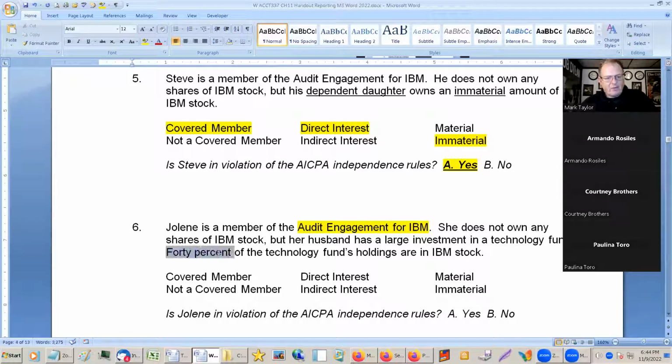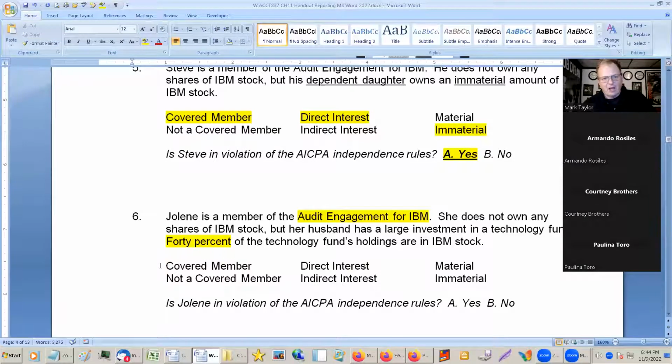And it just so happens that 40% of the technology fund's holdings are in IBM stock. Covered member, family member. Is the interest direct or indirect? Indirect, yep. It's a technology fund, so the fund is there.